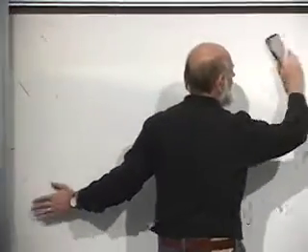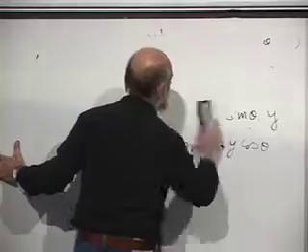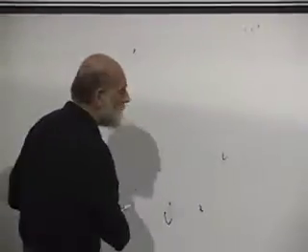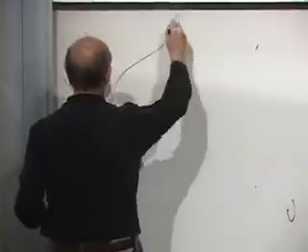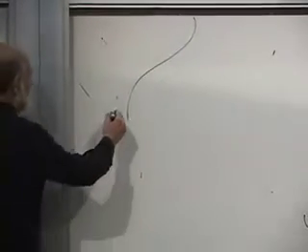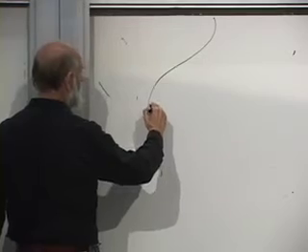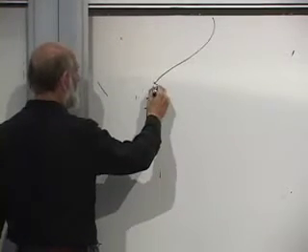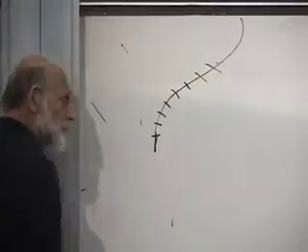If you're doing ordinary geometry, you can measure the length along a curve, for example. And the way you do it is you take a tape measure and you tick off equal intervals, equal little separations.